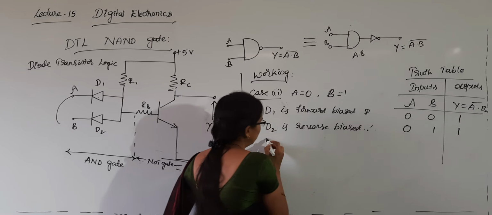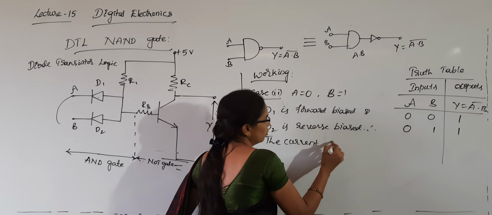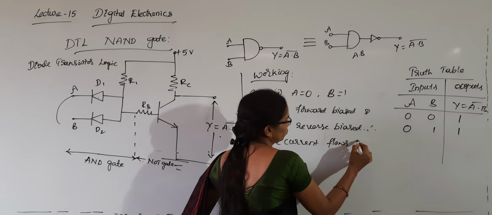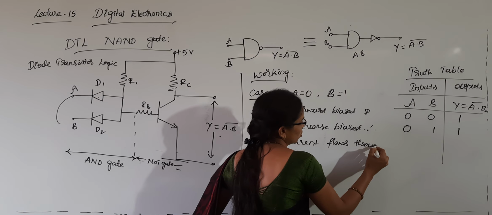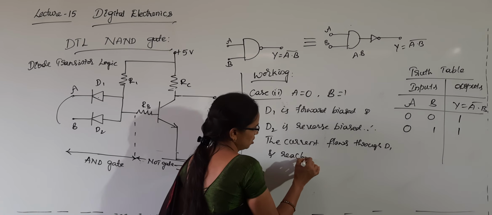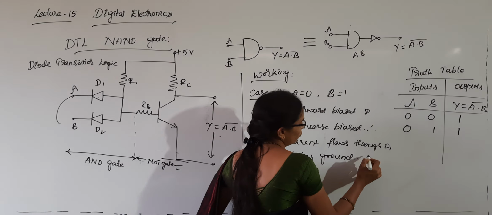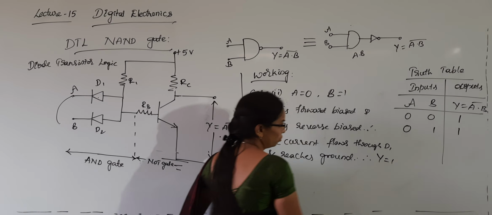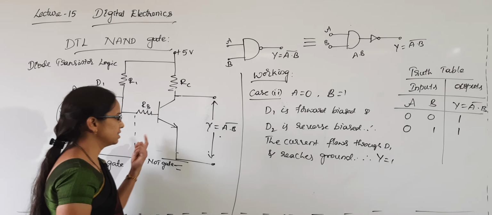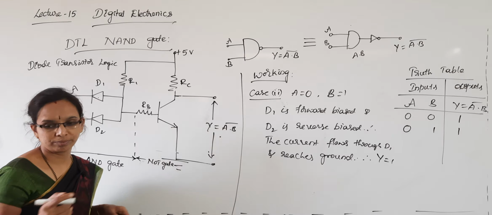Therefore, the current flows through D1 and reaches ground. Therefore, the transistor is in cut off mode. Again, the output Y will be 1.